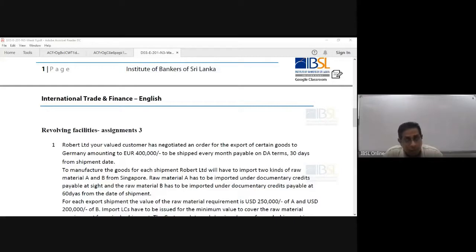Say, unless the certificate of inspection accompanies the documents, the importer cannot inspect or sample the goods.